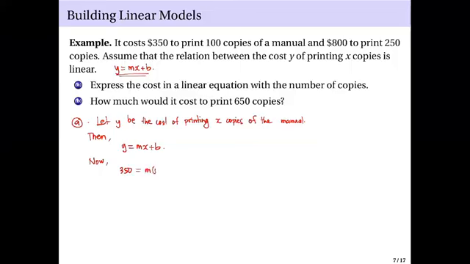So m times 100 plus b. And also, it costs $800 to print 250 copies. So we have m times 250 plus b.